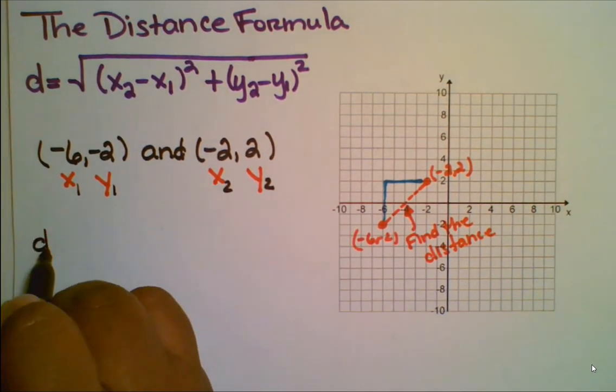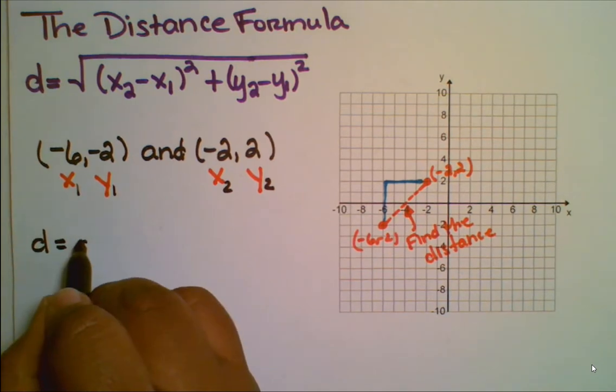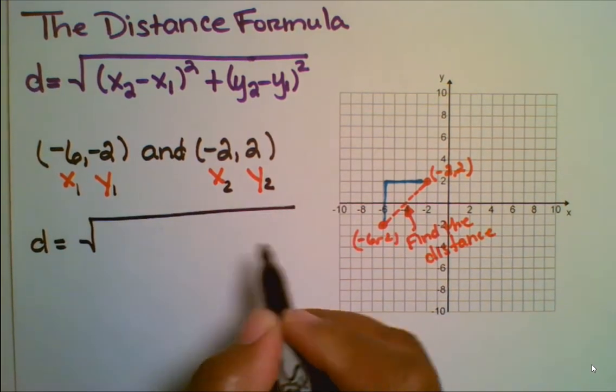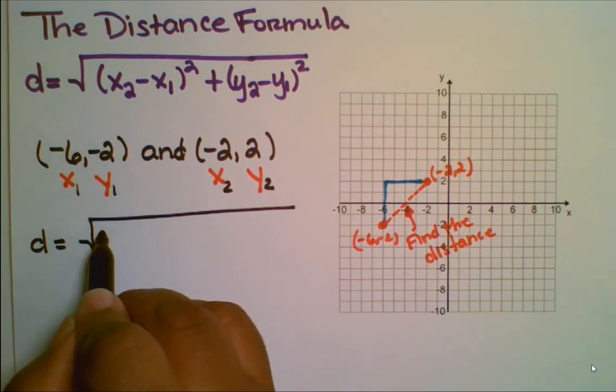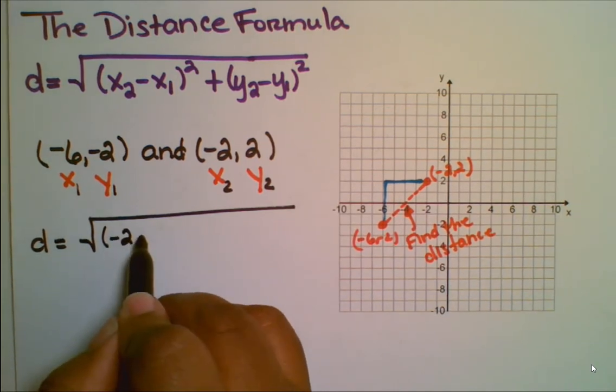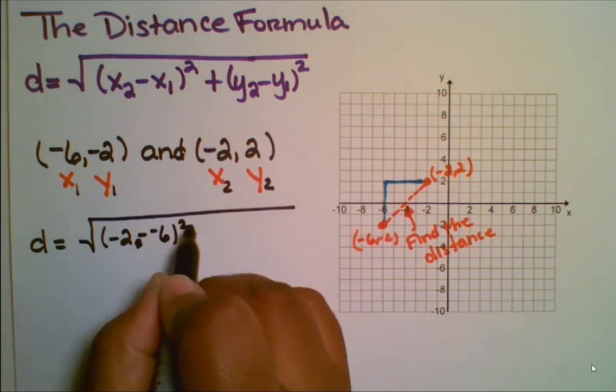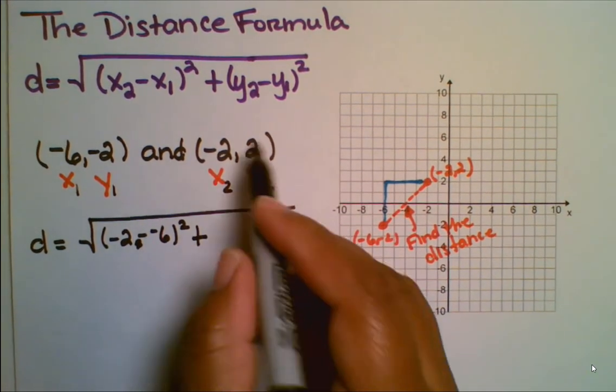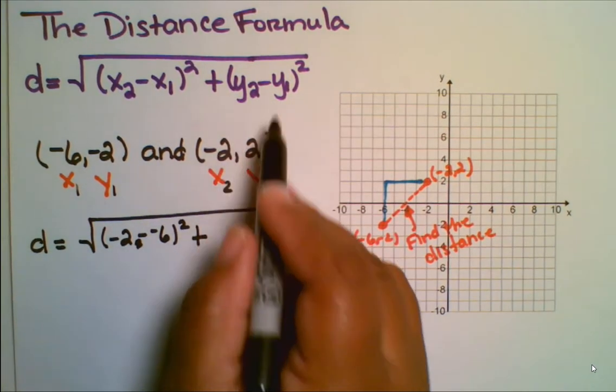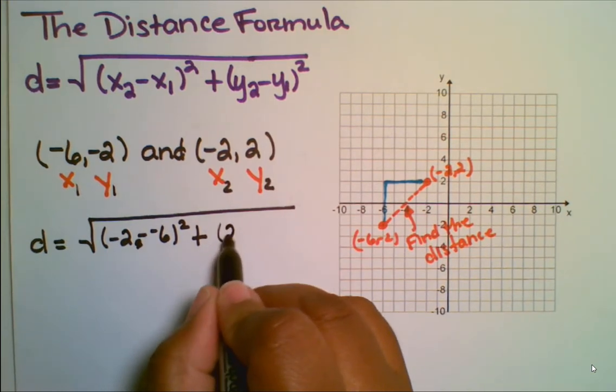So to find the distance, we have d is equal to the square root of, let's subtract the x coordinates, -2 minus -6 squared, plus we have here y sub 2 minus y sub 1, 2 minus -2 squared.